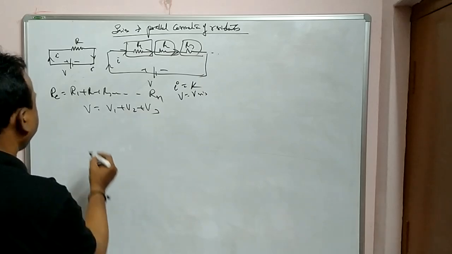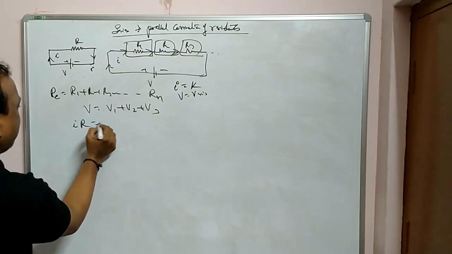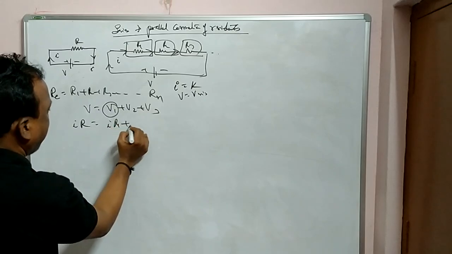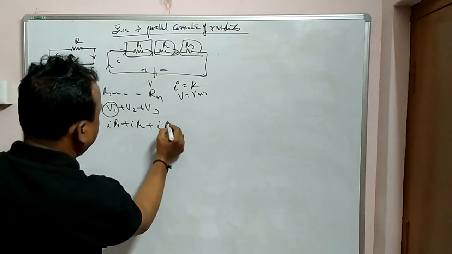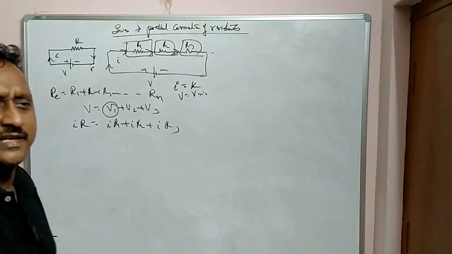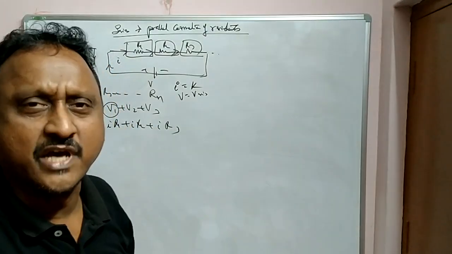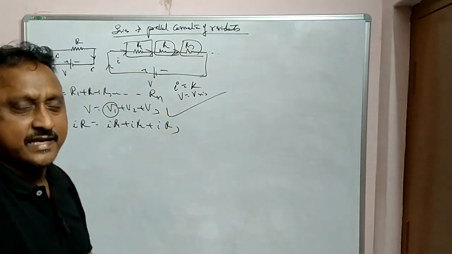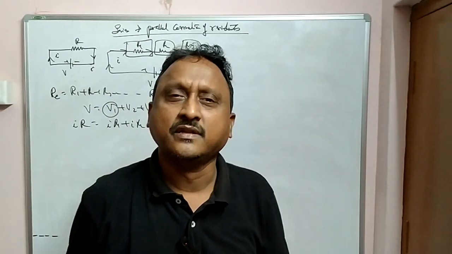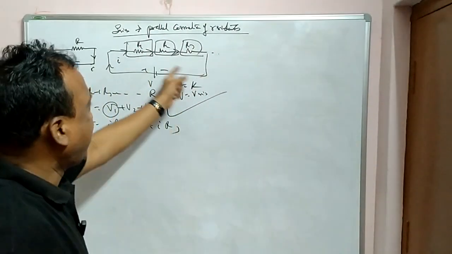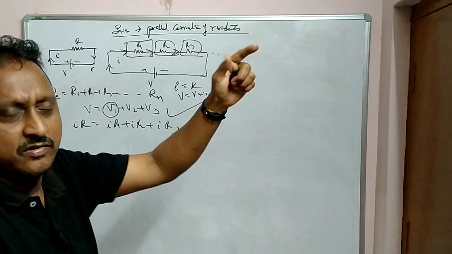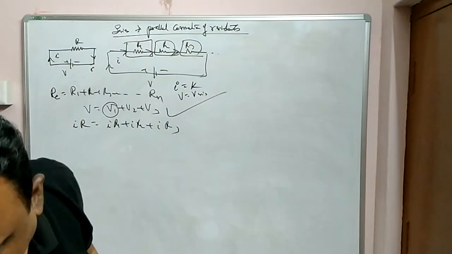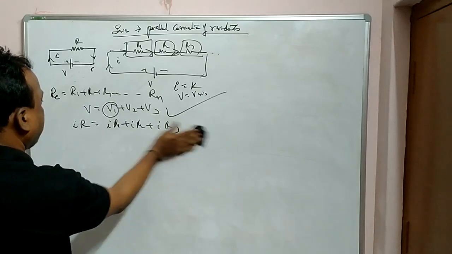And we know from Ohm's law V is I into R, so V1 is I into R1, I into R2, I into R3. If you take the constant I outside, R is equal to R1 plus R2 plus R3. Like that you can easily derive. So in series connection the effective value is more, the sum of all the resistors. If n resistances are there, you have to add R1 plus R2 plus R3 up to n. So this is series connection, please make a note. Now let us go to parallel connection.